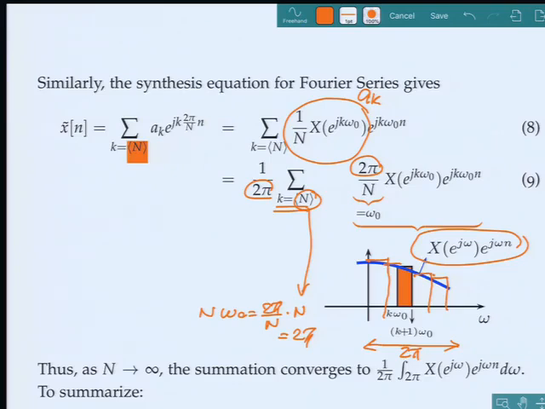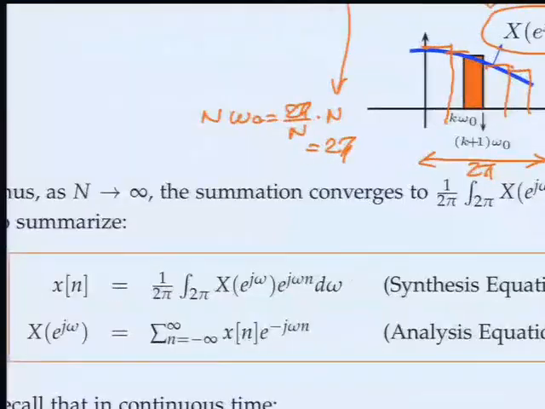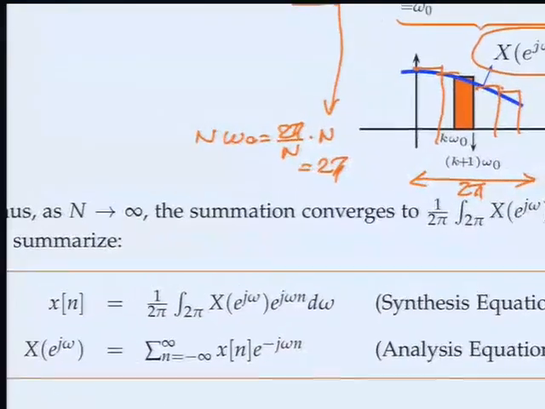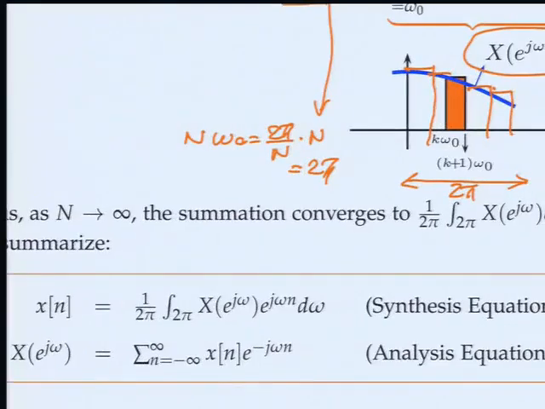But that gives us the synthesis equation. So what is important is to remember the analysis equation, which we already talked about, and the synthesis equation, which is motivated by this discussion. All right? They are analogous to the continuous time Fourier transform, the differences being an obvious one for the analysis equation.